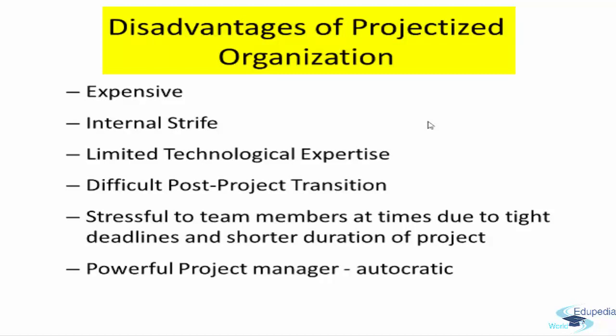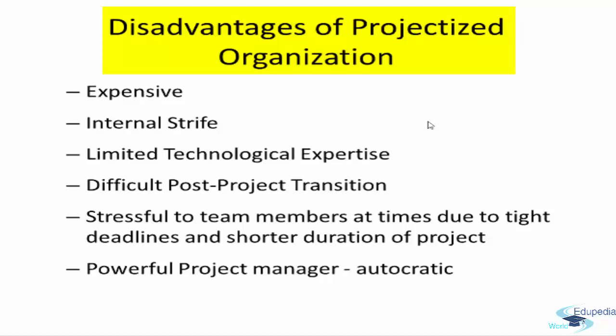Limited technological expertise. Also, as compared to the functional type of organization where you have people with very high technical skills and functional knowledge, here you may not have people with such a high technological and functional expertise. That will be an issue here. You may have only about 20 to 30% of people with good technical expertise. However, you need to do a lot of knowledge transition through expert knowledge and then transfer the knowledge to the new team members.